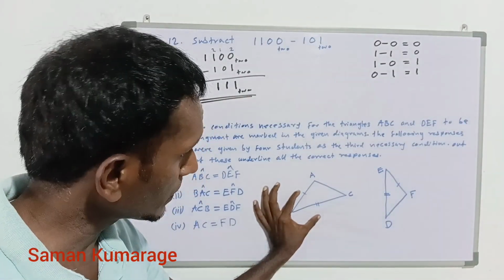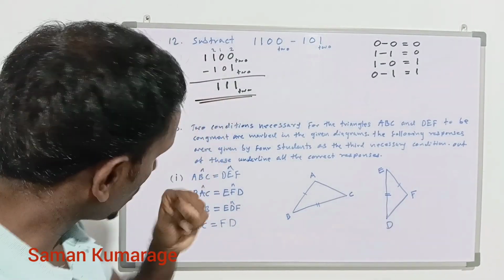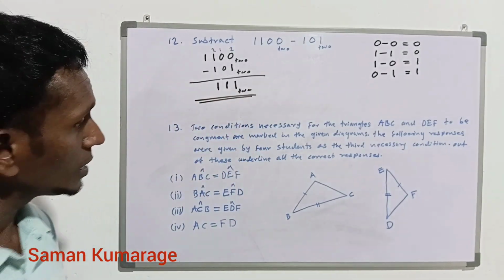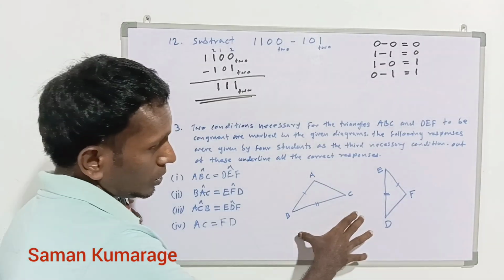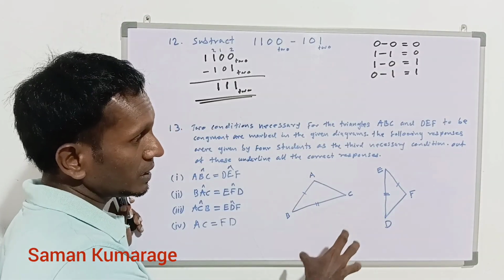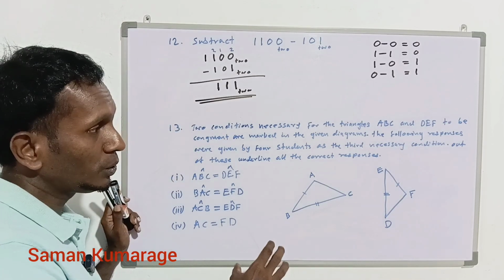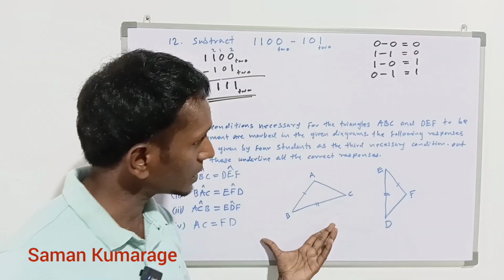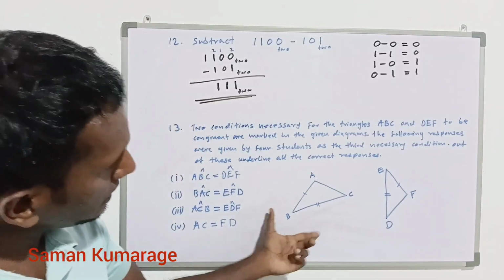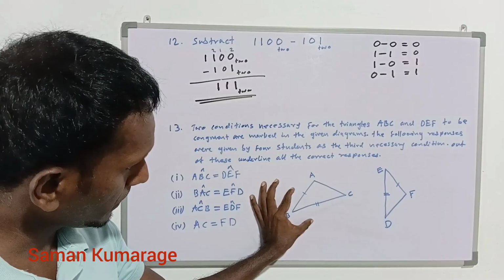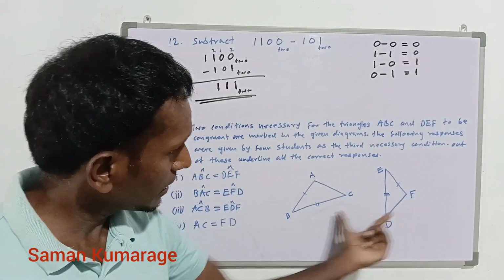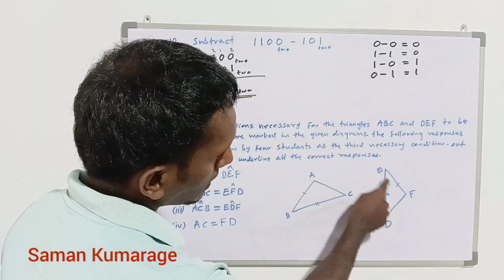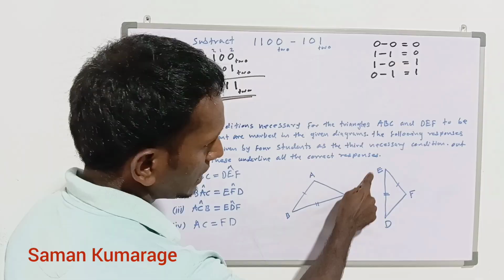We know that according to congruence, if we want to make two triangles congruent, we need to complete three conditions, but in this case they have given two conditions. Here BA is equal to EF and BC is equal to ED.